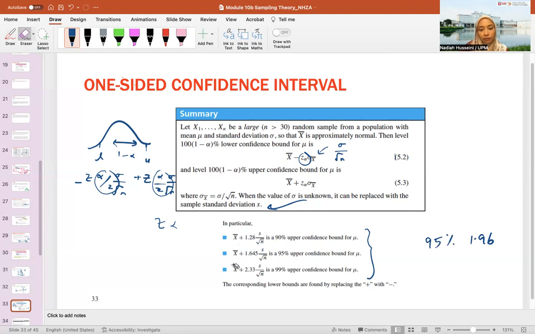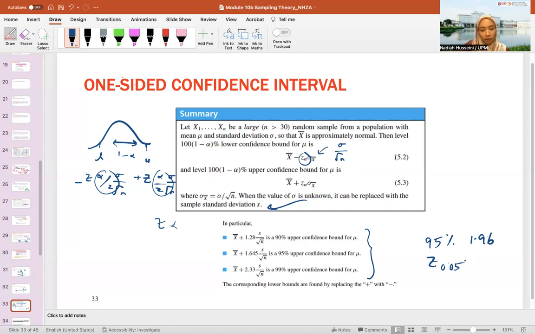So different values, but you can just find it as normal. For 95%, you would find a Z of 0.05 instead of 0.025. So just use the CDF table and find out what the Z is.